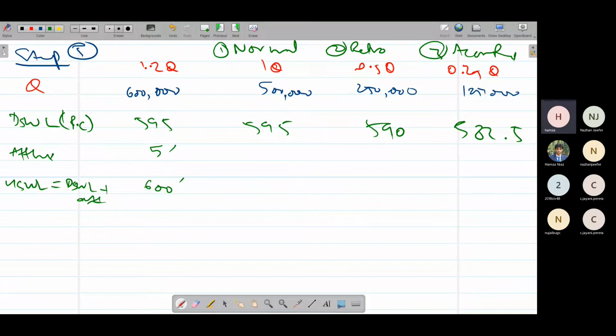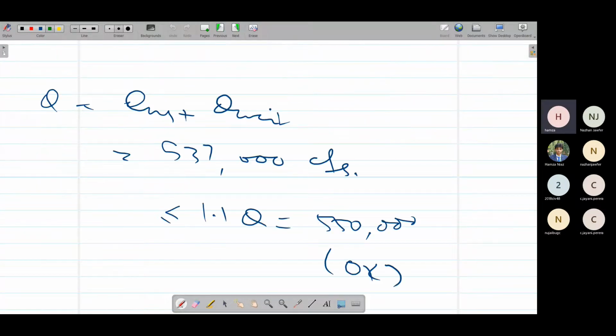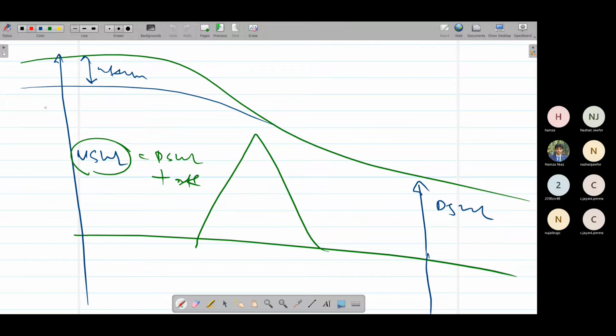After this upstream water level, we can calculate the upstream depth. We can call this D, upstream depth.